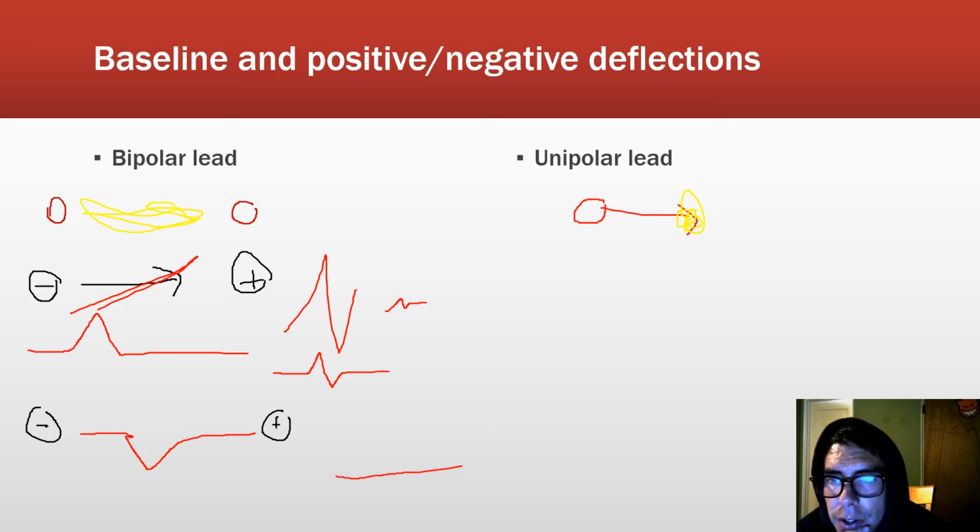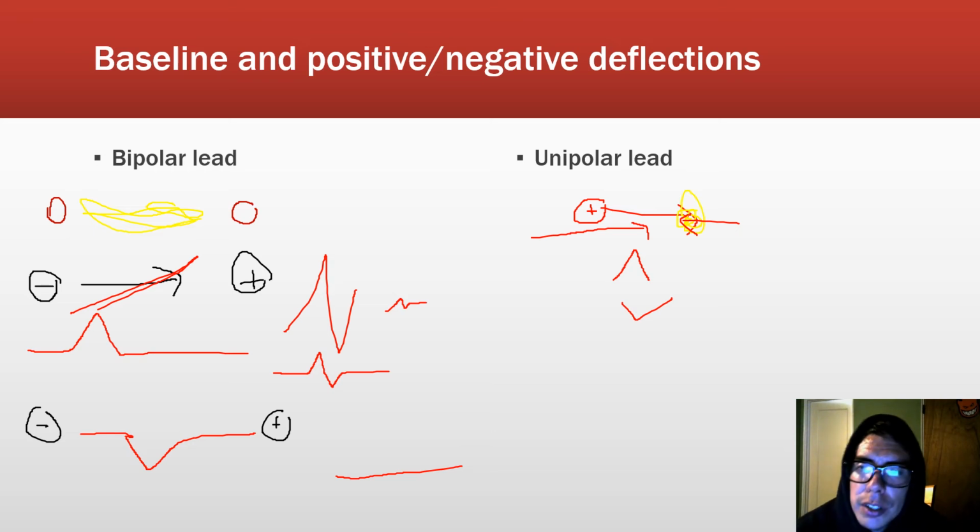Unipolar leads are positive, and so even though I drew the arrow that way, they're measuring just any electricity that comes at them. So if it does come at them, it goes up. If it goes away, it goes down. Now, if an impulse travels past a unipolar lead, I'm going to draw it down here, along this line right here.